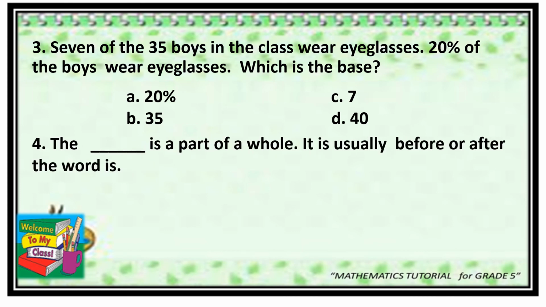Number 4. The blank is a part of a whole. It is usually before or after the word is. A. Percentage. B. Rate. C. Base.